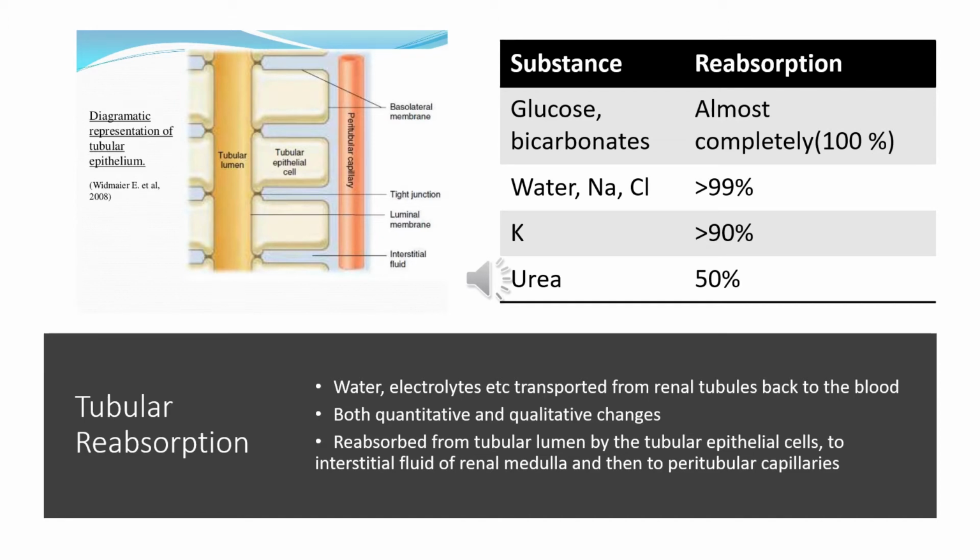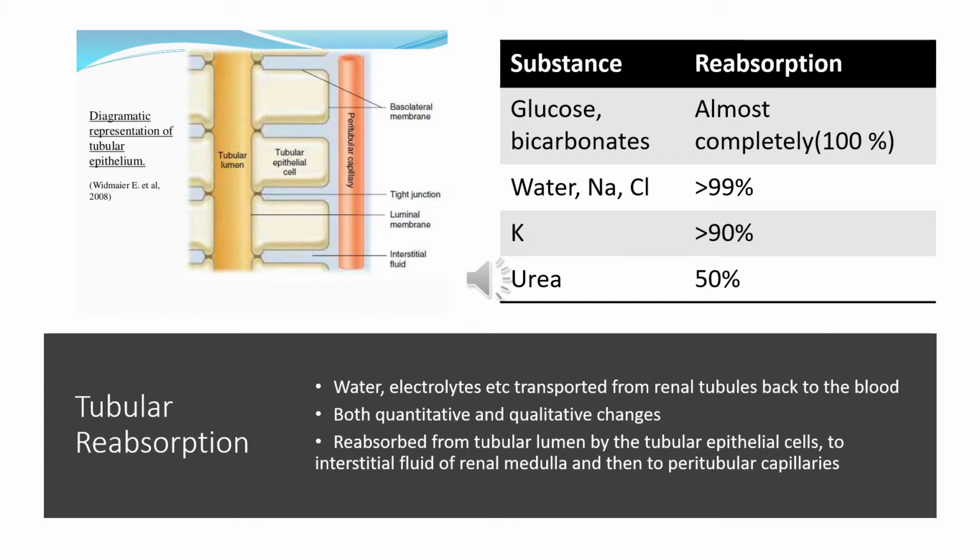When the glomerular filtrate reaches the renal tubules, the water and other solutes will be reabsorbed by the tubular epithelial cells, and from these epithelial cells the reabsorbed substances will move into the interstitial fluid of the renal medulla, and from there they move into the blood in the peritubular capillaries. Since these substances are taken back into the blood from the glomerular filtrate, the entire process is called tubular reabsorption.